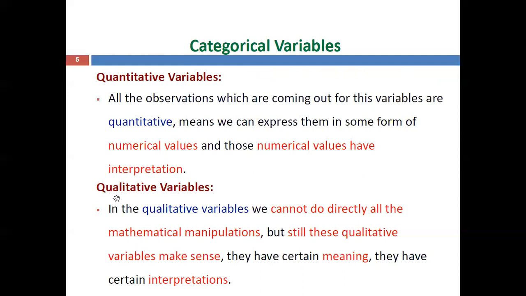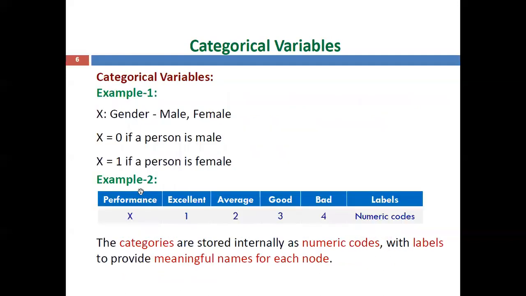Whereas in qualitative variables, we cannot directly do all the mathematical manipulations, but still these qualitative variables make sense. They have certain meaning, they have certain interpretations. There are no direct mathematical manipulations on qualitative variables. So that is the major difference between quantitative variables and qualitative variables.